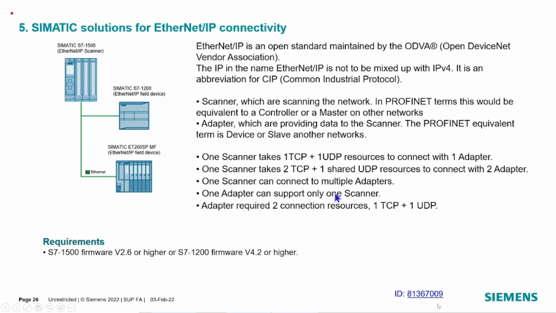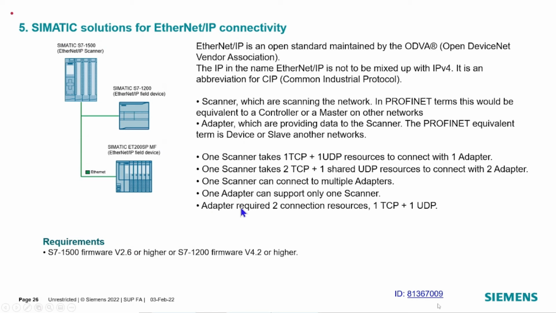So when you are thinking about a larger number of connections, you should understand how many resources will be required. If I have one scanner communicating with two adapters, it will require three resources: as many TCP resources as there are devices, and one common shared UDP resource for all the connections.